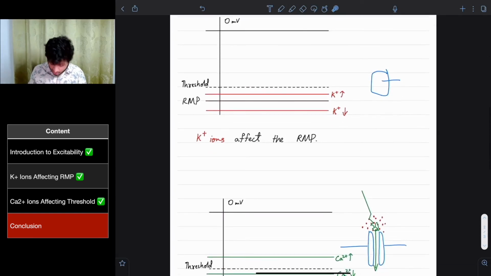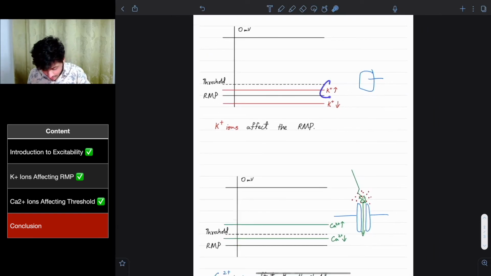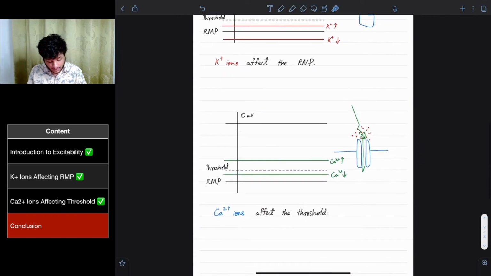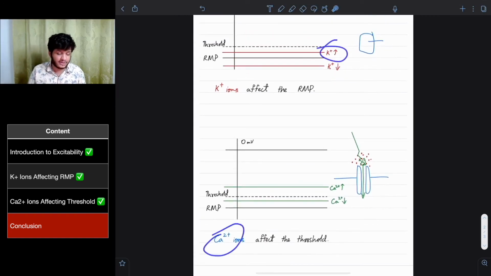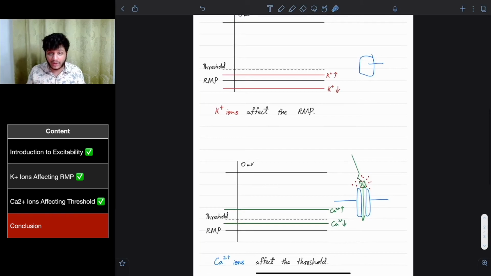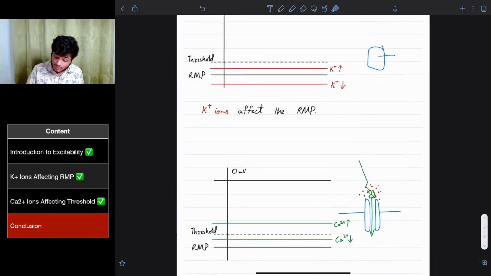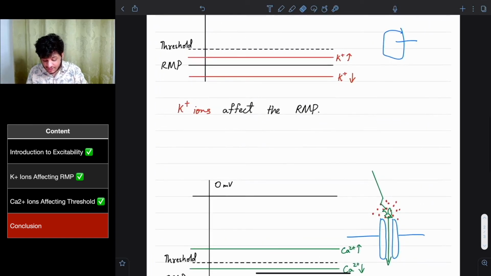So we looked at how potassium ions and calcium ions affect one, which is resting membrane potential or threshold. Remember, in the earlier explanation, I used the electrical gradient, that when it diffuses in, the cell becomes more positive, and that's how resting membrane potential increases or decreases.